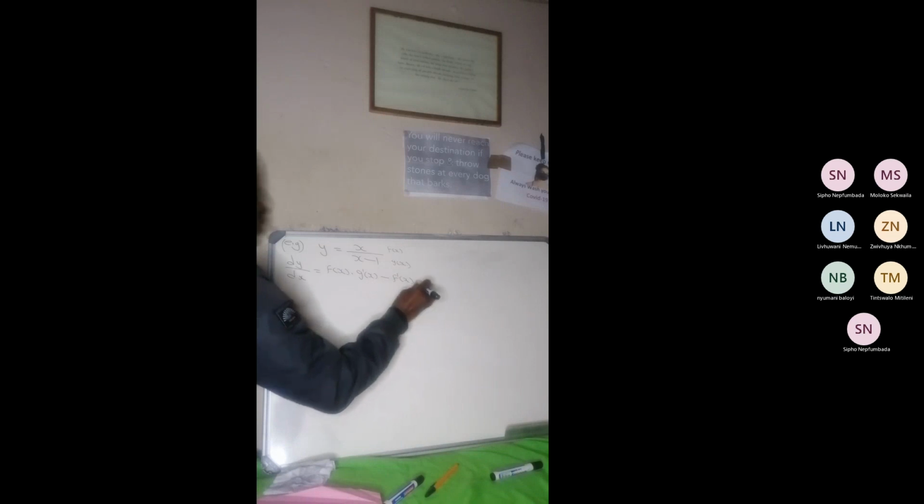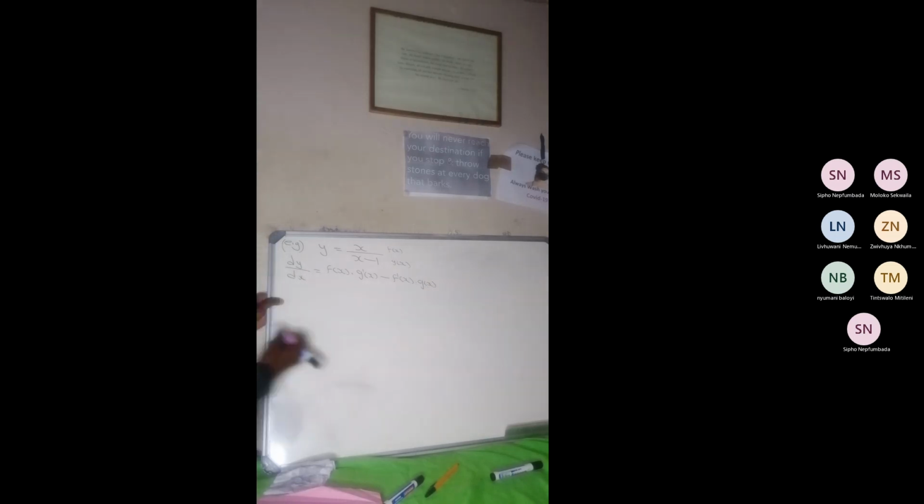We're going to write the formula: dy over dx is equal to g at x multiplied by f prime at x, which is a derivative, minus f at x multiplied by g prime at x.